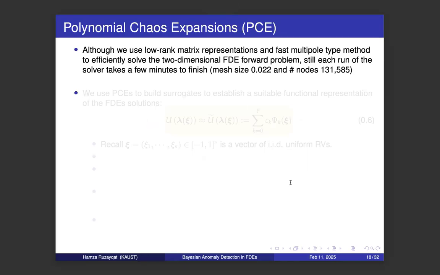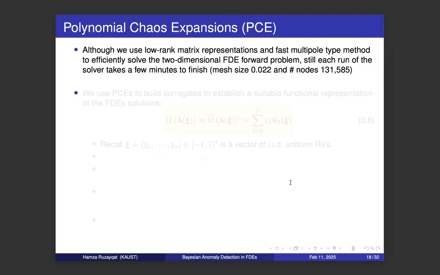Now, of course, in Bayesian inverse problems, you have to run MCMC or whatever method you use hundreds of thousands of times. And you cannot call the solver each time. It's not practical at all, especially when you do this kind of fractional diffusion operator.